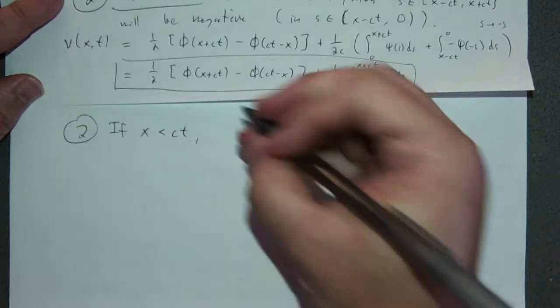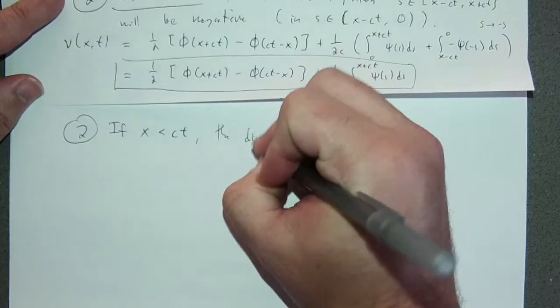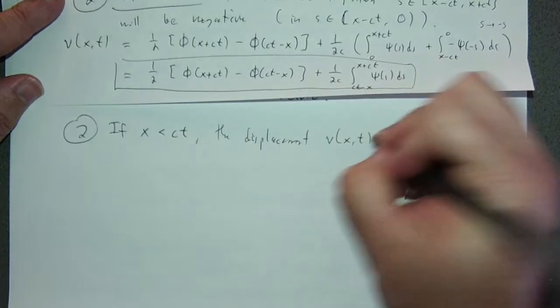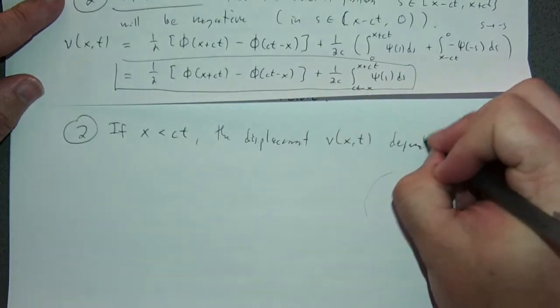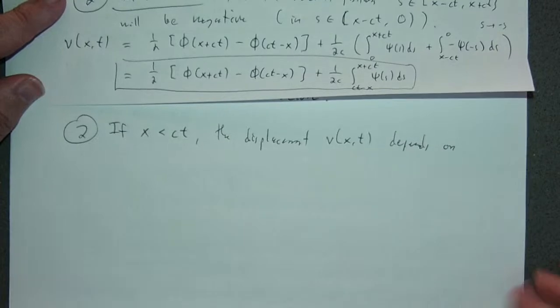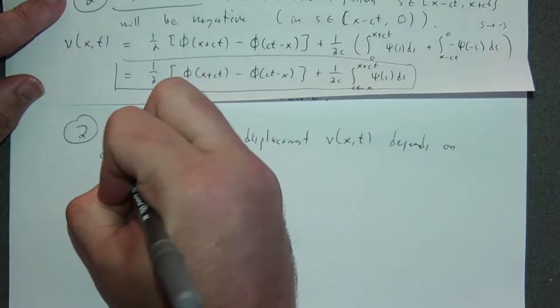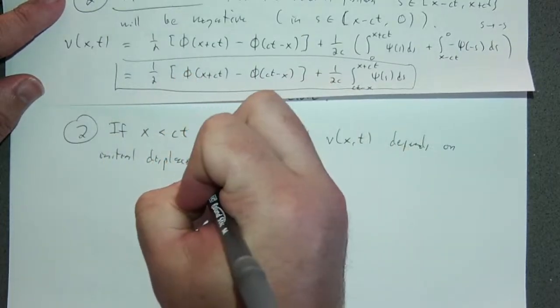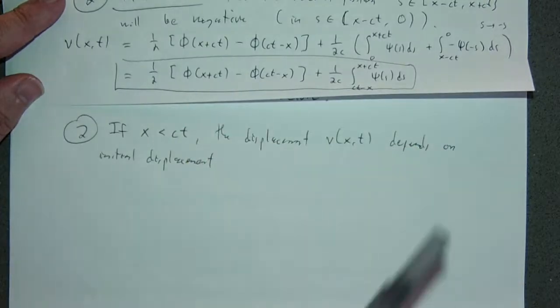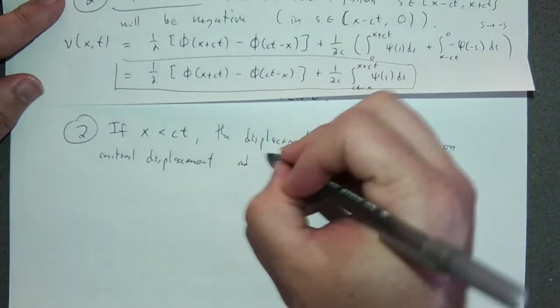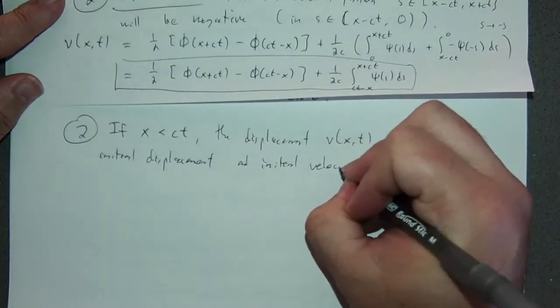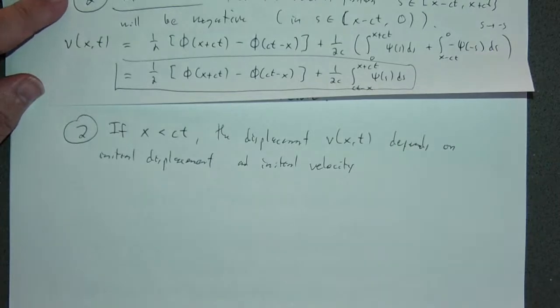So then the displacement v of x,t depends on initial displacement, which is phi, and initial velocity for which points?